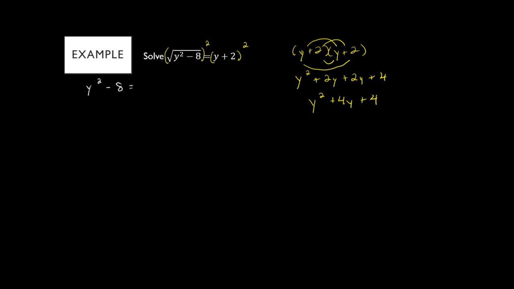So you have to still follow all of the things we've learned before, and we are squaring a binomial. There is a shortcut formula for that, a special formula, or you can go through FOIL, and we get y squared plus 4y plus 4 here on the right.